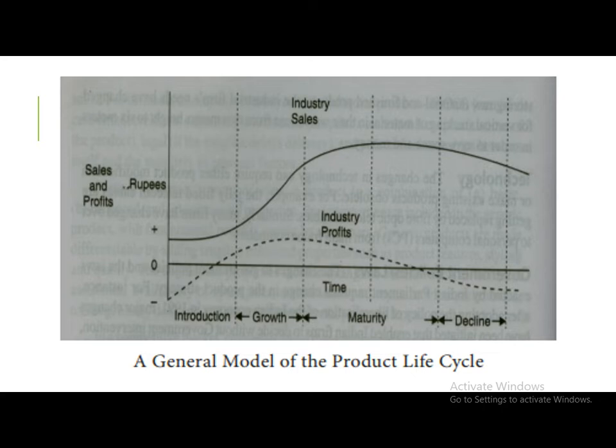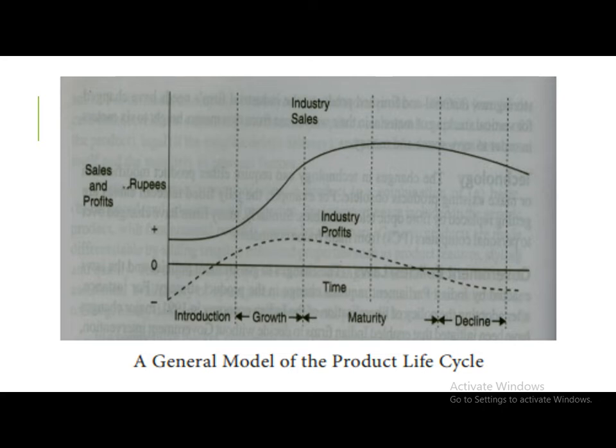Then in the growth stage, we have a sharp increase in the industrial sales that continues to grow in the maturity stage, but with stability in the curve. And in the decline stage, we have a decreasing curve. So this is about the industry sales, and the dotted line is showing the industry profit.